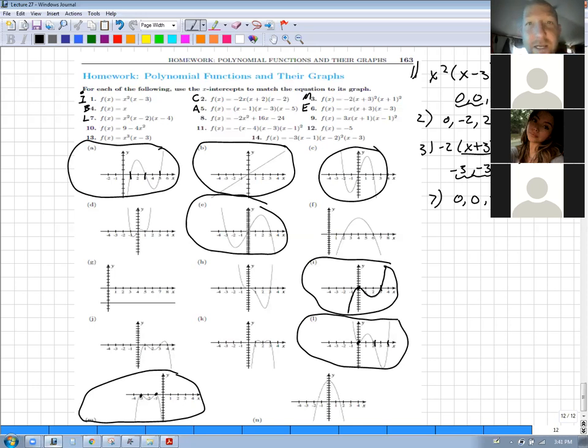All right, number 8, we need to factor this guy, or at least let's pull out this -2. That gives us x squared minus 8x plus 12. So pulling that out, now let's find the zeros, right?